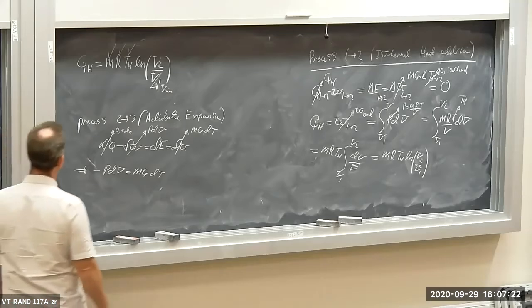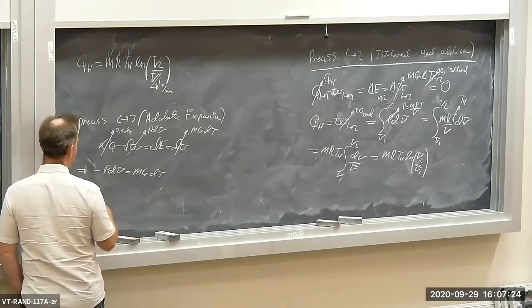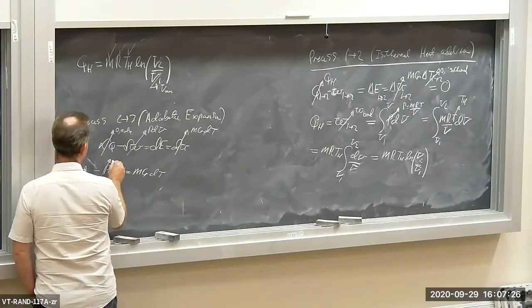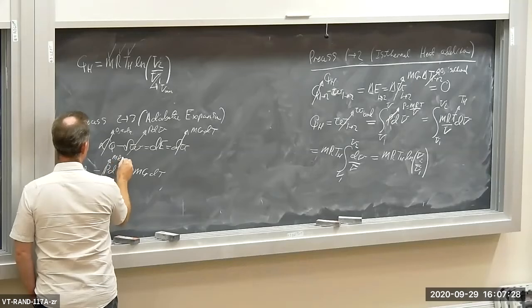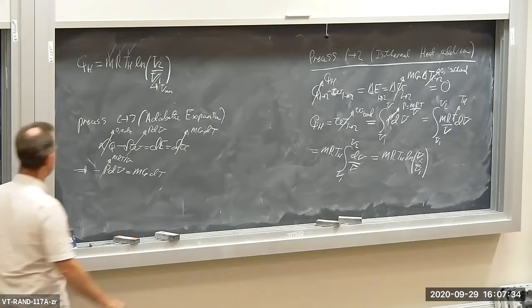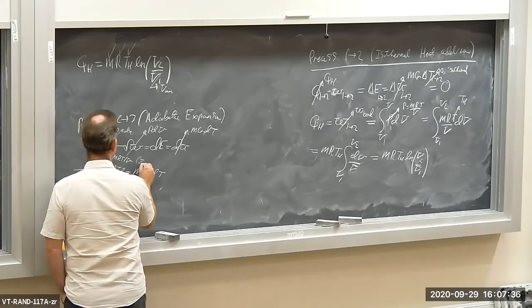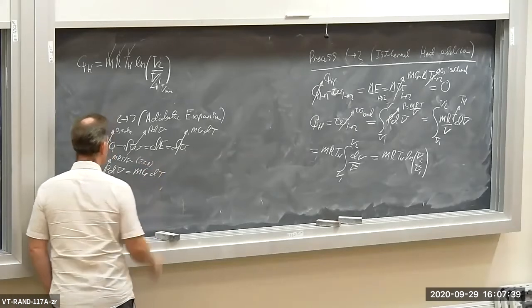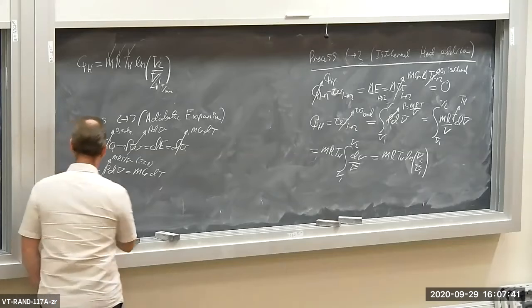Now, what's pressure here? From the ideal gas law, pressure is equal to mRT over volume. Okay, so let me make the substitution here.